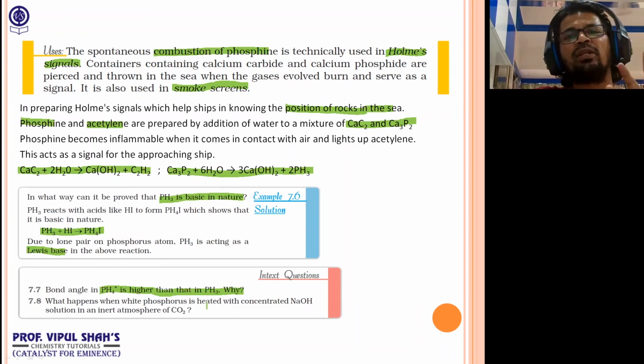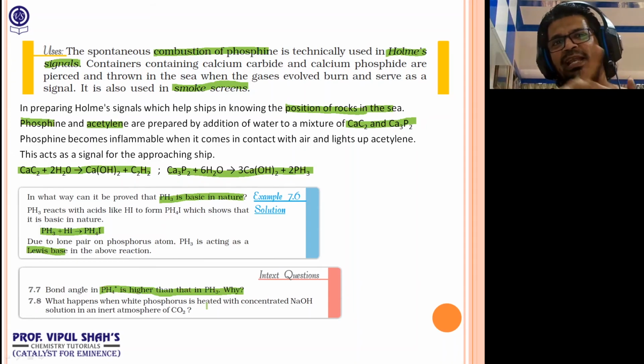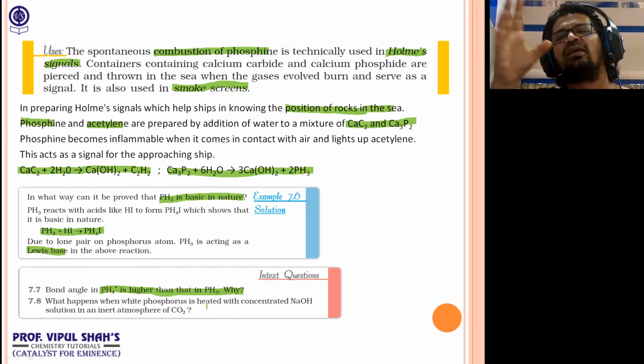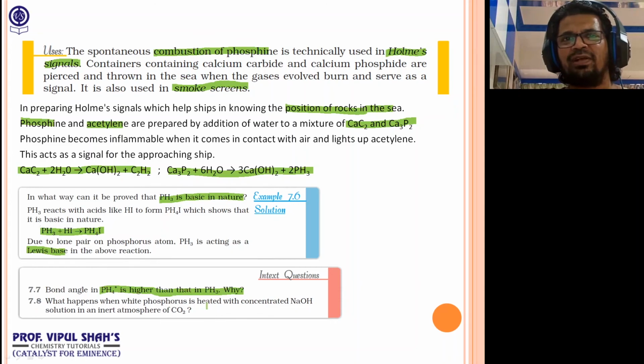PH4 plus is similar to NH4 plus. How nitrogen donates a lone pair, phosphorus donates a lone pair. So in PH4 plus, it's a regular tetrahedral, so the angle would be 109 degrees 28 minutes. Whereas in PH3, similar to ammonia, it is around 107 degrees. So PH4 plus bond angle is more because the lone pair is donated.